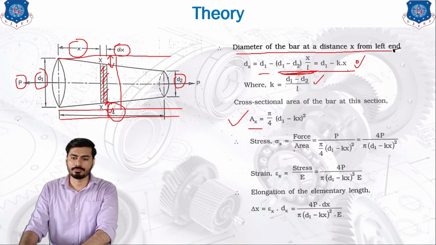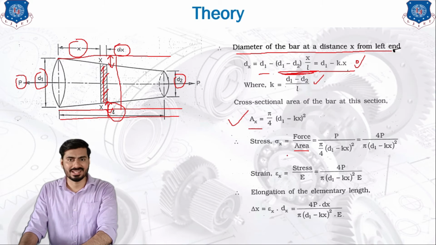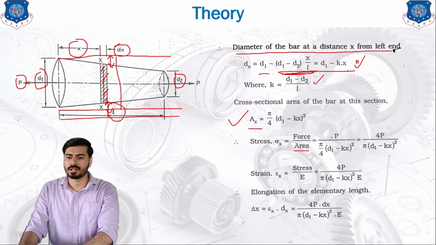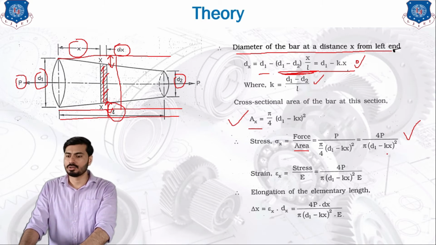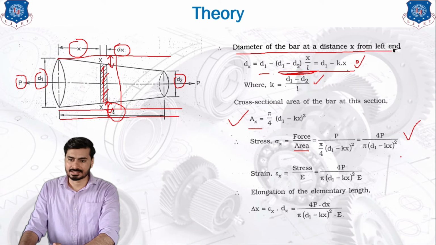If you put the value of area into the basic equation of stress, that is force upon area, and simplify by taking the 4 in the numerator, you get 4P upon pi into (d1 minus kx) squared.